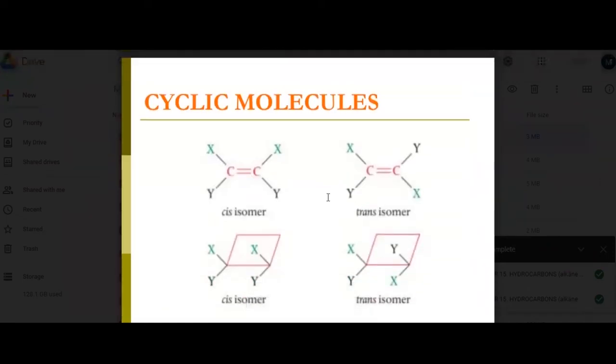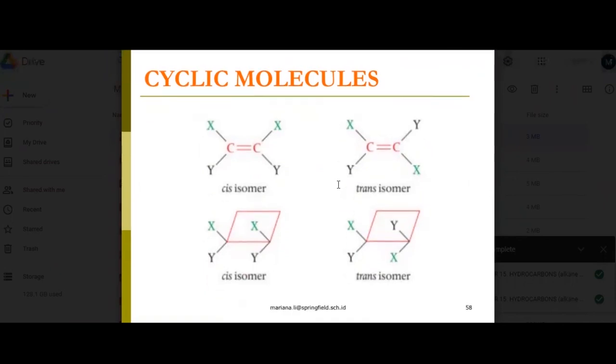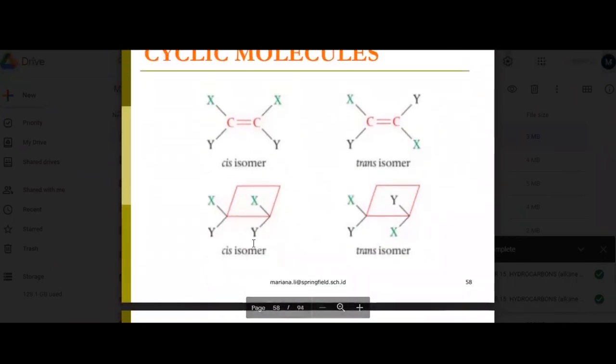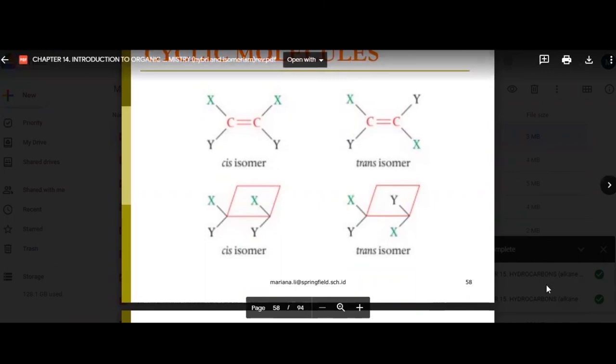Okay, cis trans isomerism also occurs in cyclic molecules. You can see in the cyclic molecule, the cis isomer arises if they are on the same plane. And for trans, you can see the position of X here, one above and one below the cyclic ring.